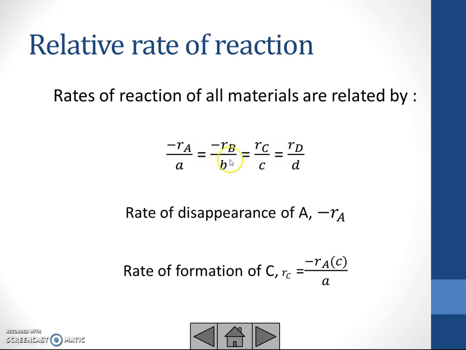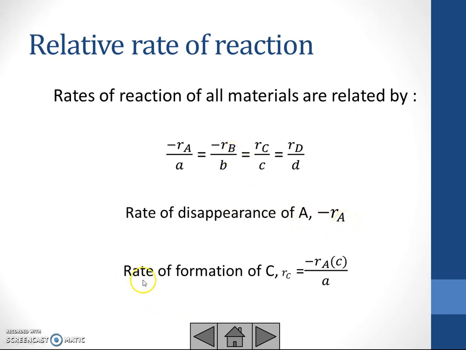Therefore negative rA over a also equals rD over d, also equals rC over c, because everything is equal. So how can we relate them to each other? The rate of disappearance of A is called negative rA. The rate of disappearance of B is negative rB.